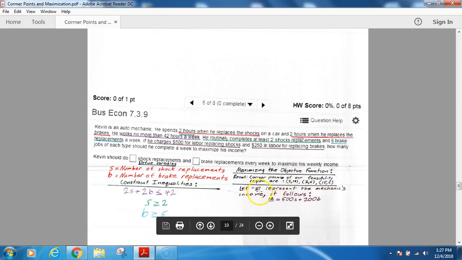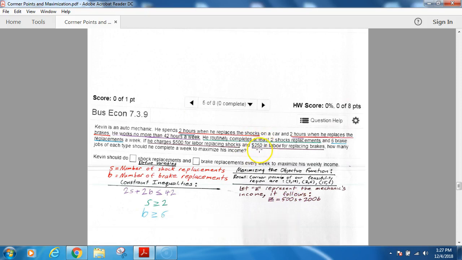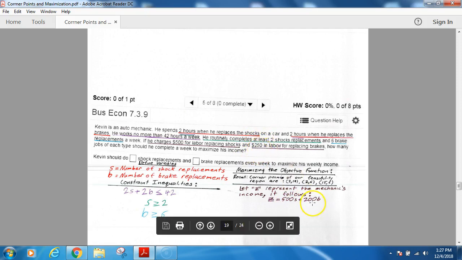And our objective function, we're going to say that Z represents the income, because we're interested in income. So since we're told that he makes $500 on each shock replacement, well, 500 multiplied by S, the number of shock replacements, would be his income from that. And then since he makes $250 on each brake replacement, well, 200 multiplied by that.